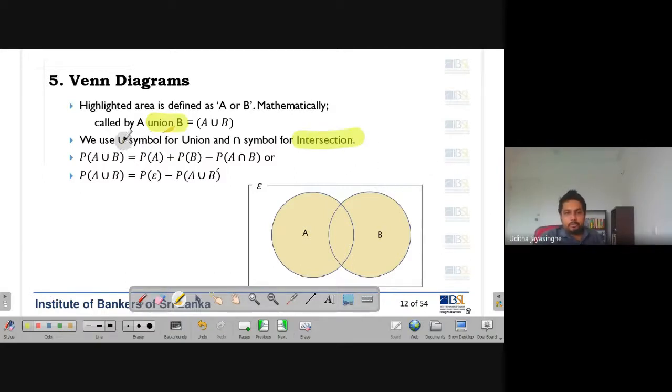We use the symbol U to denote the union, and this U on the other side, the flip side, turned 180 degrees, to denote the intersection.